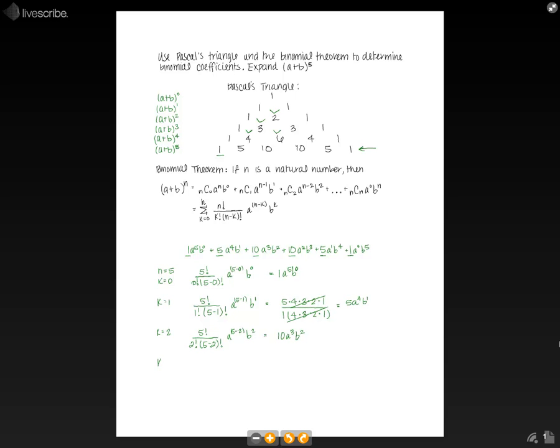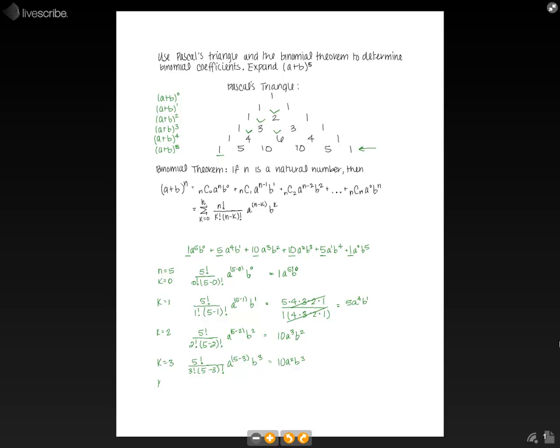Alright, so for k equals 3, we have 5 factorial over 3 factorial, 5 minus 3 factorial, a to the 5 minus 3, b to the third, which is equal to 10a squared b to the third.